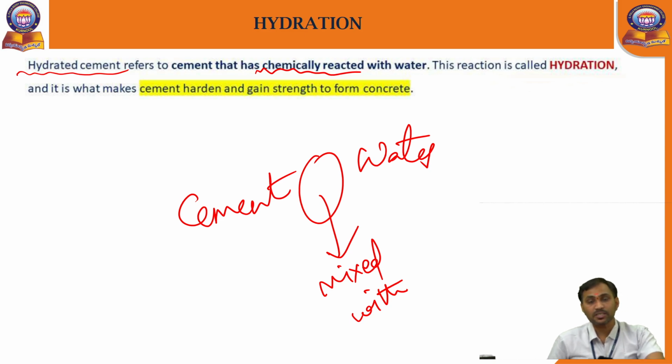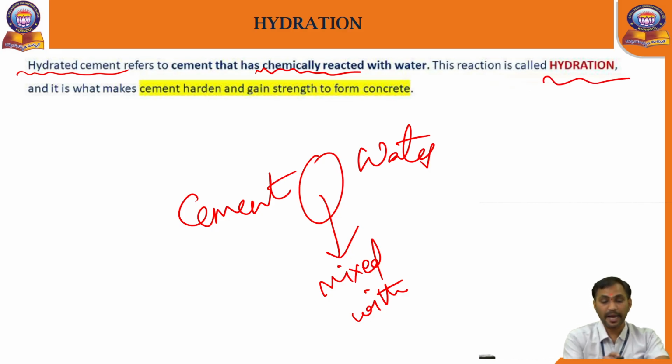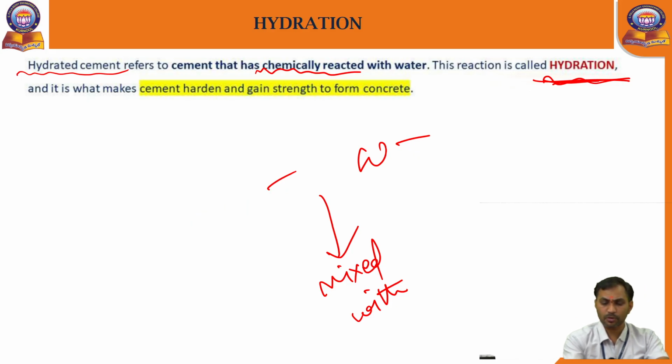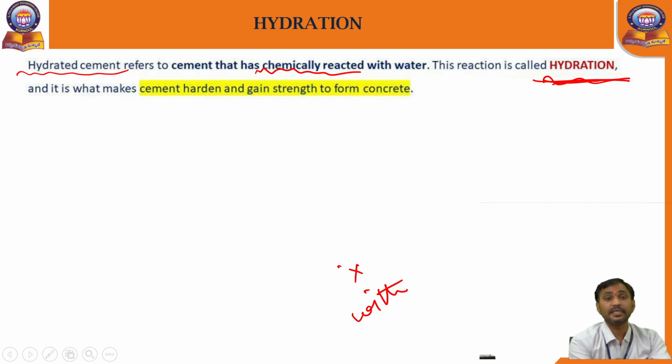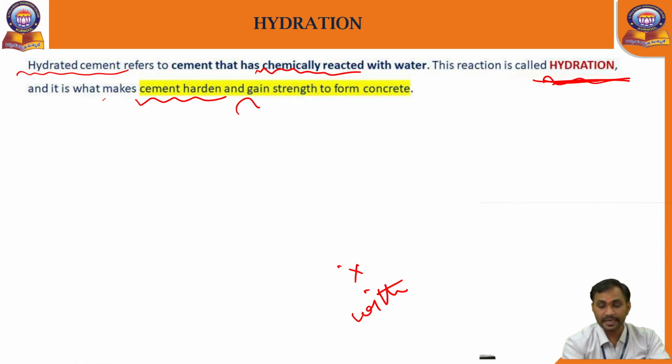Those reactions are chemical reactions, and here the hydration process starts. So hydrated cement refers to the cement that has chemically reacted with the water. This reaction is called the hydration process. What happens after the hydration process? It makes the cement harden, and slowly it gains the strength to form a concrete member.